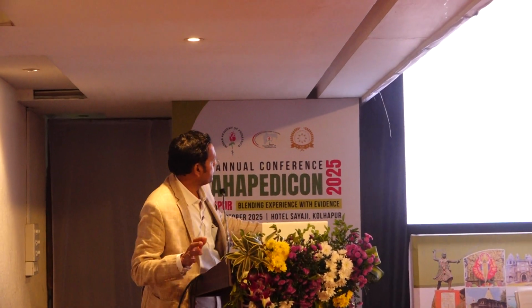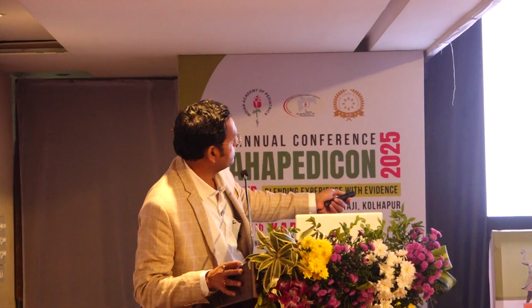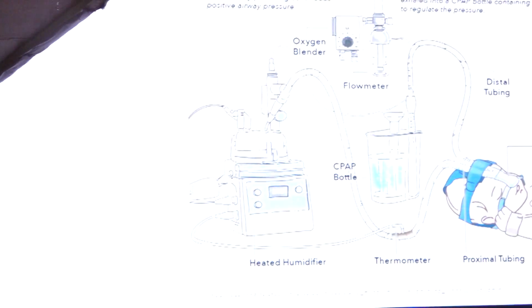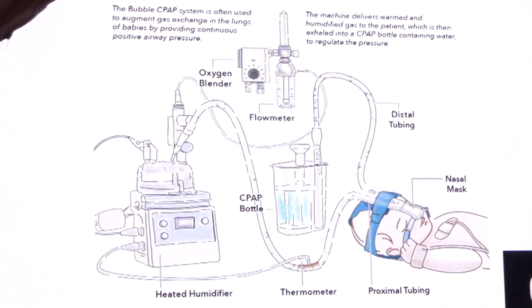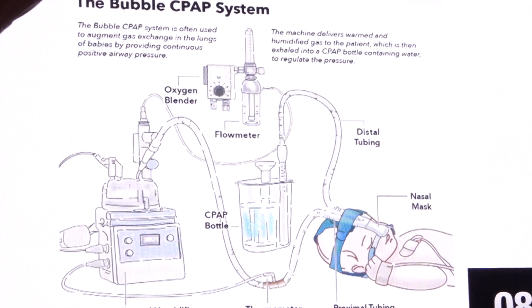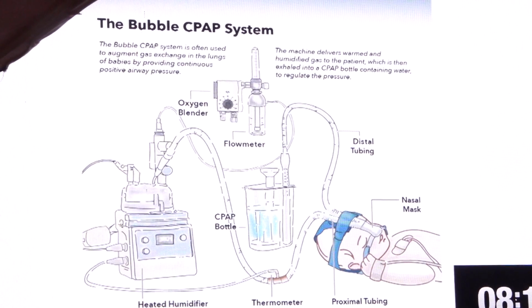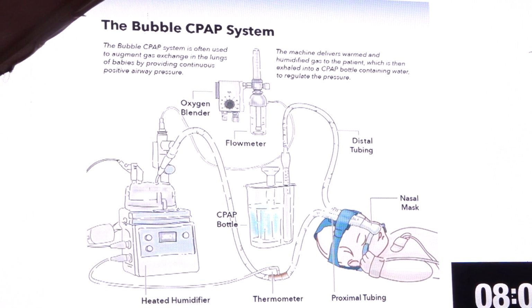Now this is the bubble CPAP system. This is the source. From this source it comes to the humidifier. From humidifier it goes to the neonate, and this is the inspiratory limb, and then it goes to the expiratory system, and this is the bubble CPAP generator.